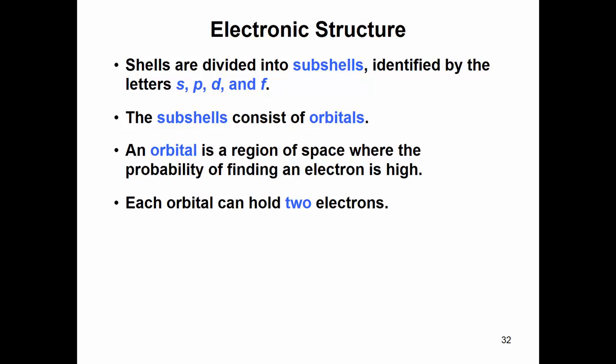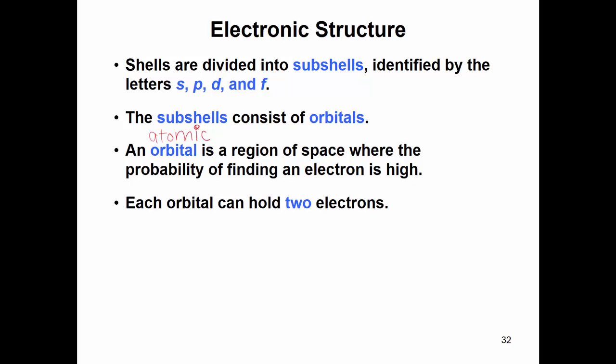All right, these shells are divided also into what we call subshells, and these are identified by letters S, P, D, and F. The subshells consist of orbitals, okay, or we also call these atomic orbitals.